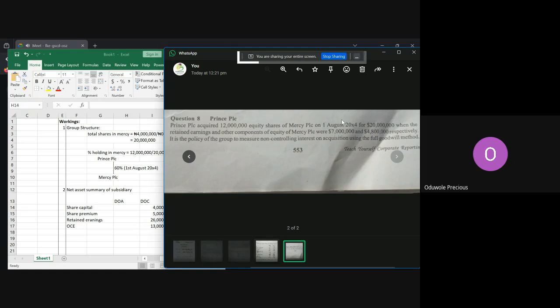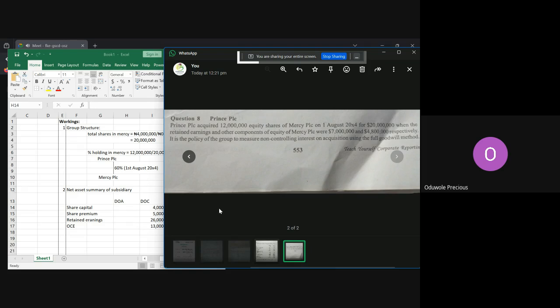On this date of acquisition, they said the retained earnings and other component of equity were 7 million and 4,802,000. So it means 7 million is for retained earnings, 4.8 is for other component of equity.